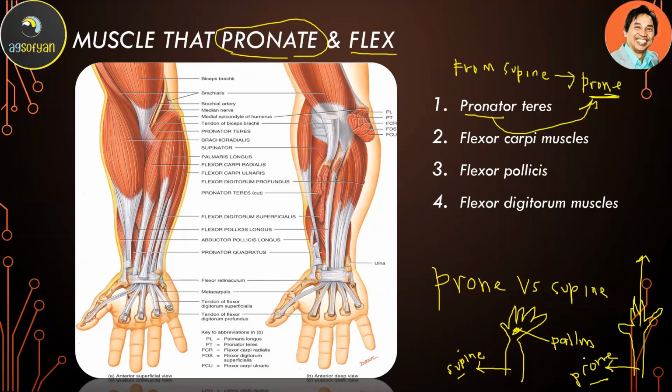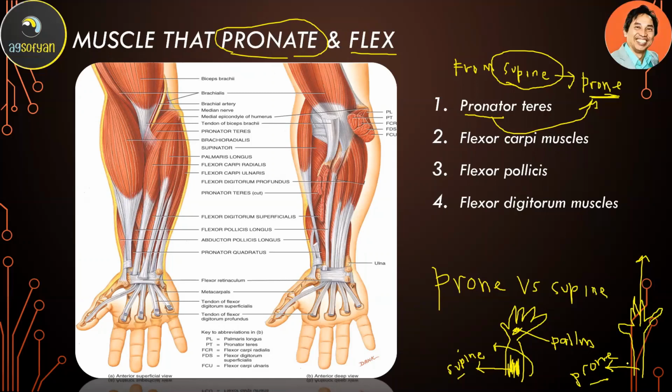Okay? The muscle will be located in the supine area. So the muscle is actually located on the area where you're able to see your palm. Okay? So when you contract this muscle, it will twist your supine position into this prone position.